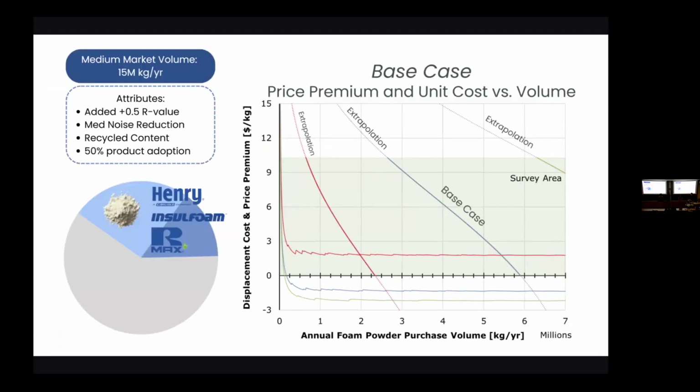In the base case, we introduce half a point of R value improvement and medium noise reduction, still with recycled content and 50% adoption. We expand to Henry Company, now increasing our market volume to 15 million kilograms and improving market share through better attributes.